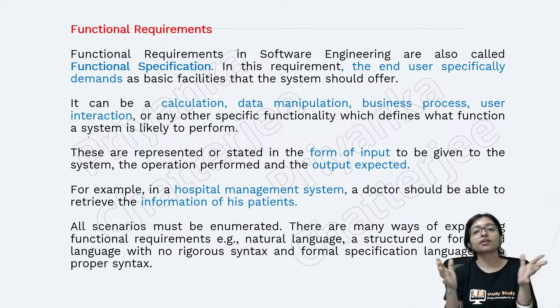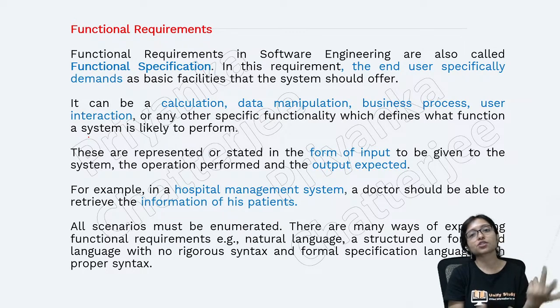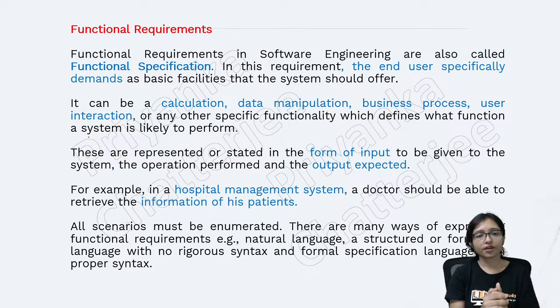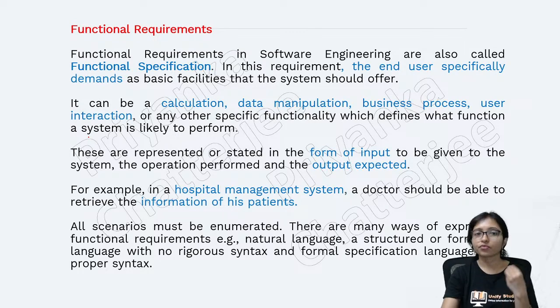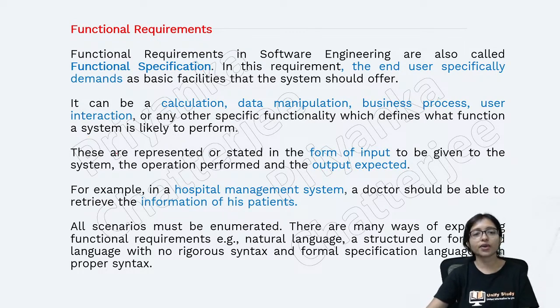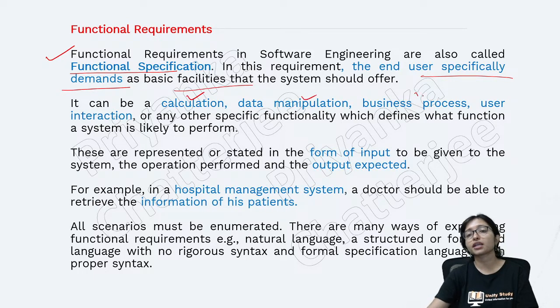Whatever functionality-related task is in your software, that is called a functional requirement. A functional requirement is also called the functional specification. Users specifically demand basic facilities like calculation, data manipulation, business process, and user interaction.